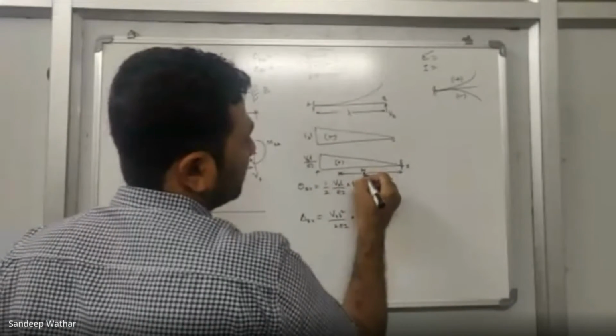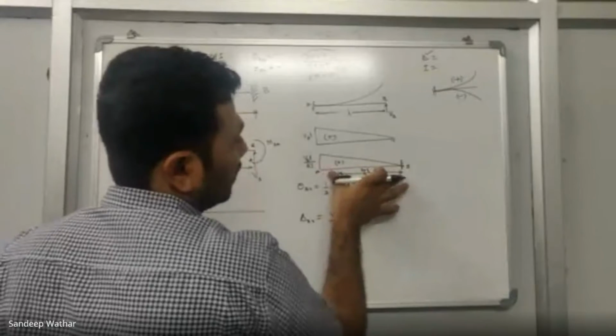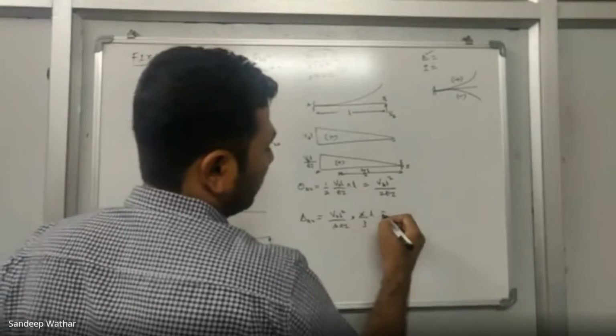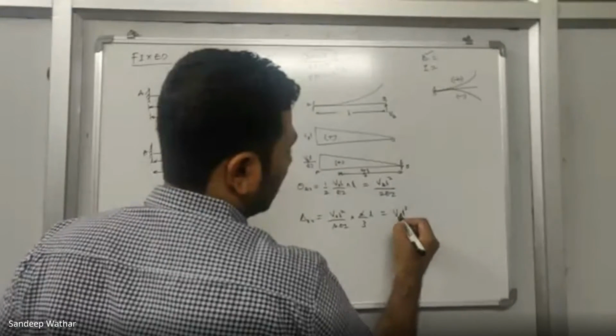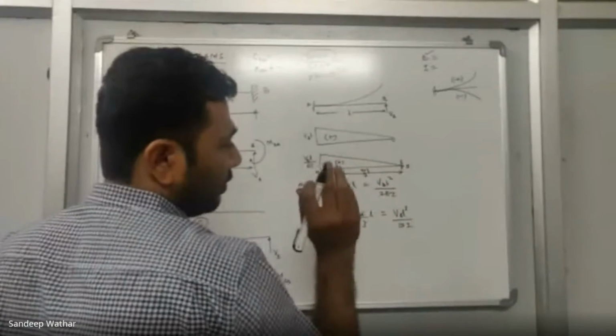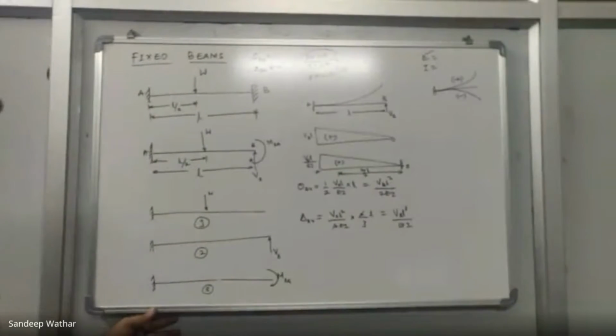What will be this distance? This will be 2/3 of L, right? This is the total length, which is L. So what is left over is VB L cube divided by 3 EI. Both the values are positive in nature, not negative. Okay, write down this also.